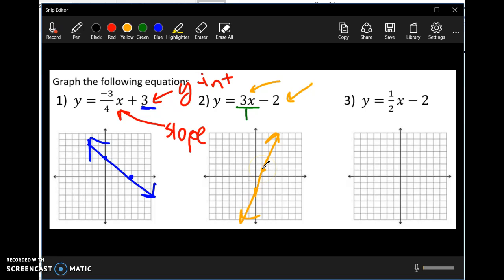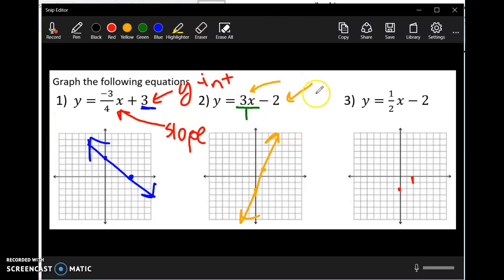Let's look at the last one on this page. So, again, the first thing I would want to do is graph my y-intercept, which is down here at negative 2. So I'd go down 1, 2. And then my slope this time is 1/2. So I'd go up 1 and over 1, 2.